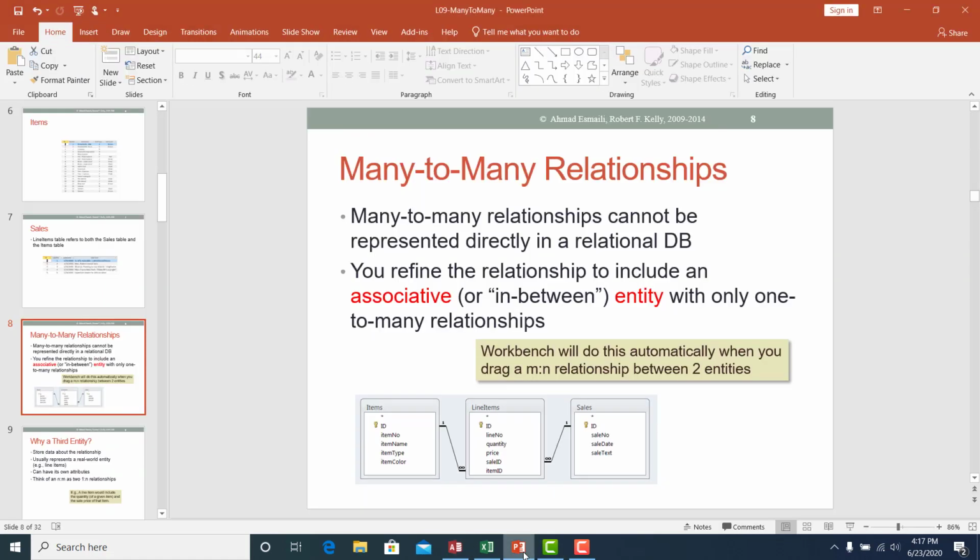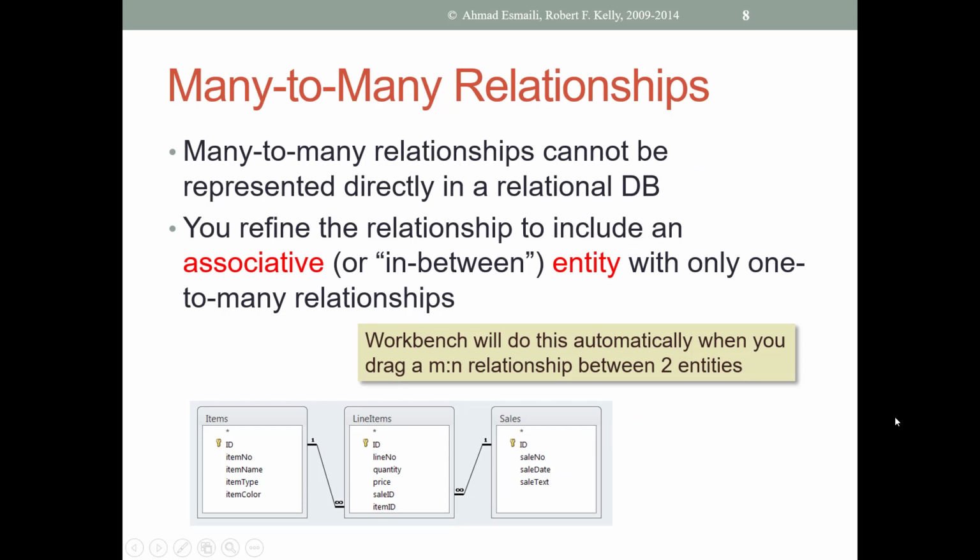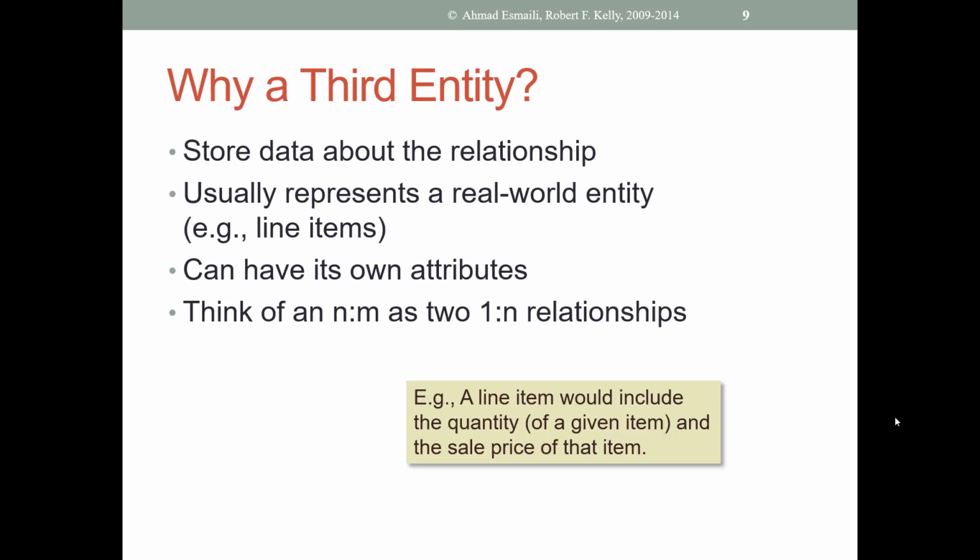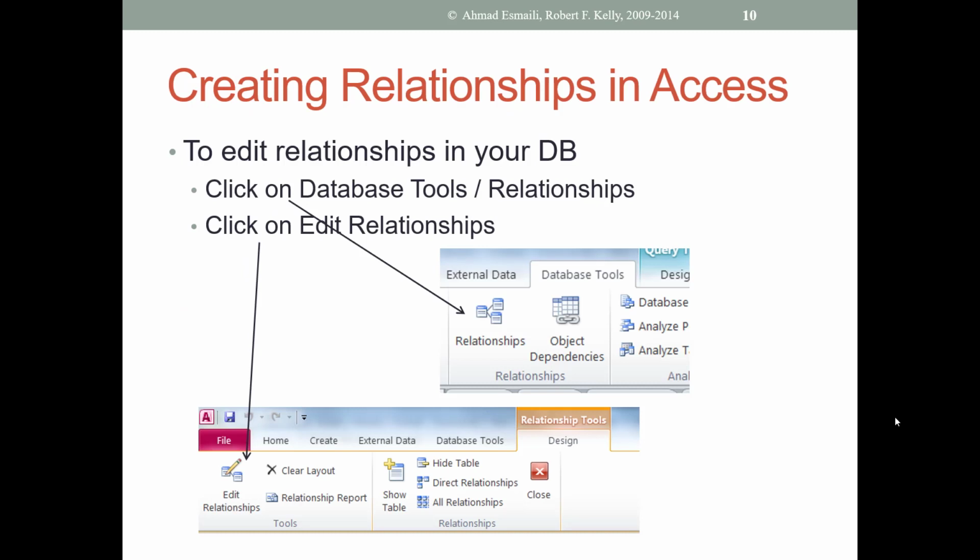Okay, so let's go back to the lecture. What do we have here? Again, this question about why a third entity, which I believe we have done already. We were on this slide, which tells us how to create many-to-many relationships.